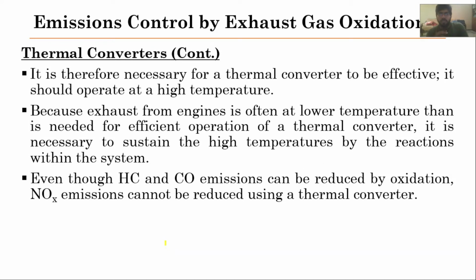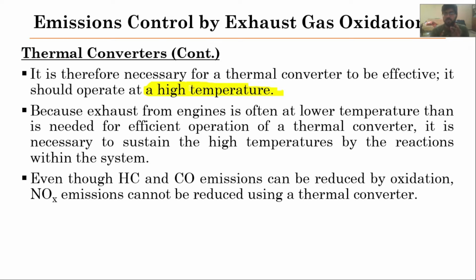So it is necessary for a thermal converter to be effective that it operates at very high temperatures. I am highlighting this point: as the name suggests, thermal converters operate at very high temperatures. And what happens at those temperatures? The unburned hydrocarbons are converted into carbon dioxide and water vapors, and carbon monoxide is converted into carbon dioxide.